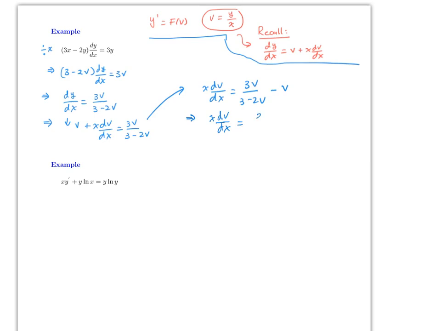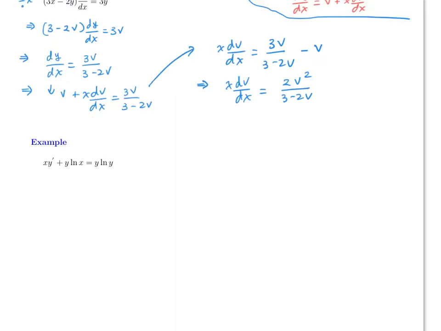equals 2v squared divided by 3 minus 2v. Again, you should convince yourself that that's what it is. Then if we separate the variables, you will end up with (3 minus 2v) over 2v squared equals dx over x.